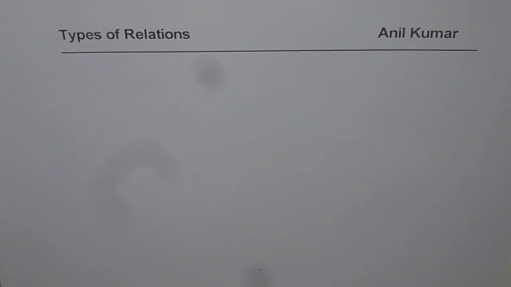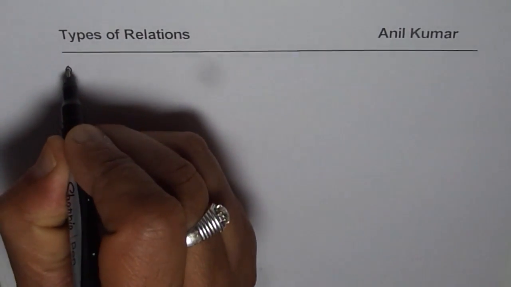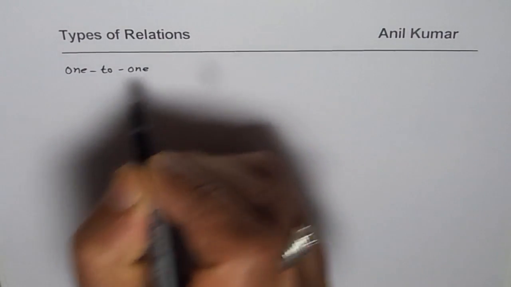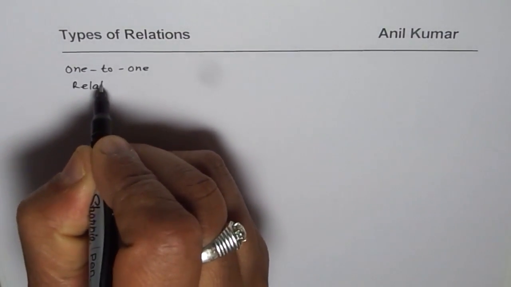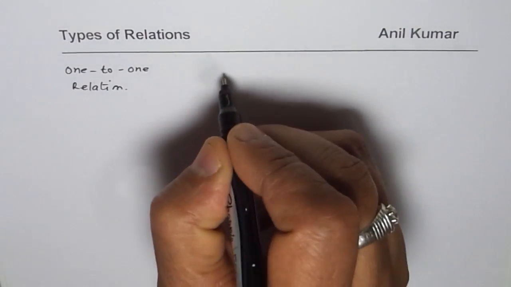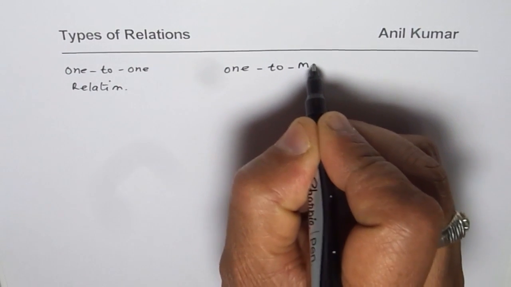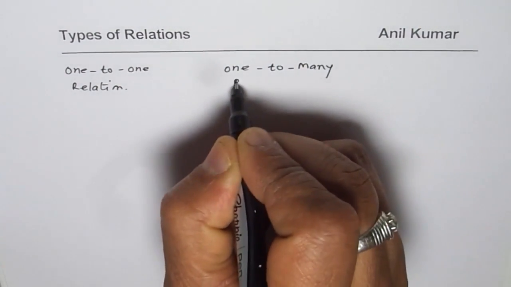Mainly there are three different types of relations. One is one to one relation. Then we have one to many relation.